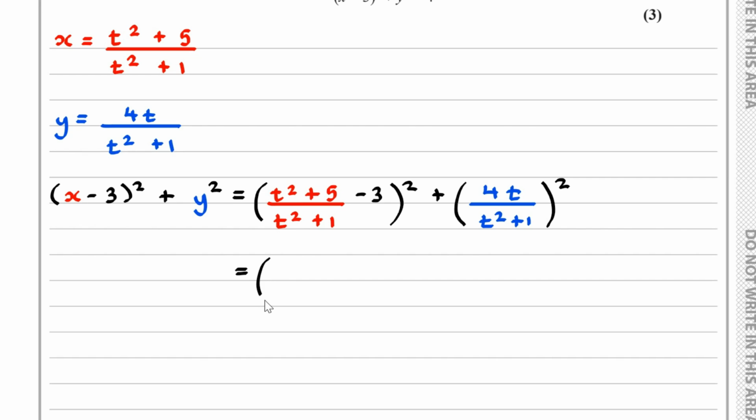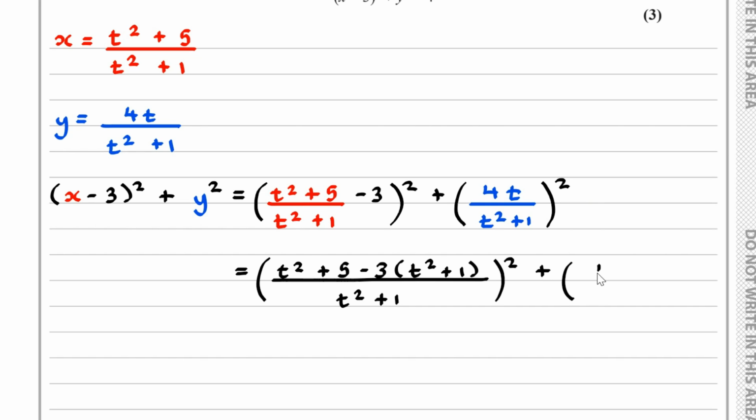So we've got t squared plus 5 minus 3 lots of (t squared plus 1), over (t squared plus 1) all squared, plus 4t over (t squared plus 1) all squared.